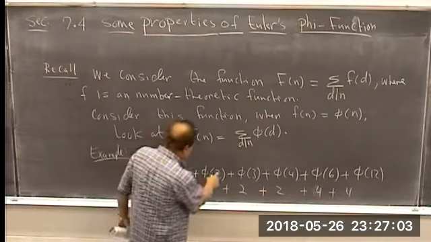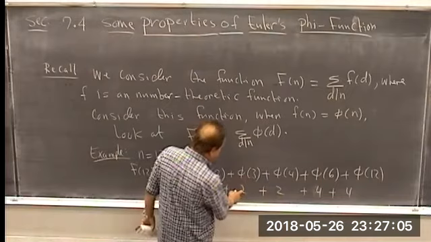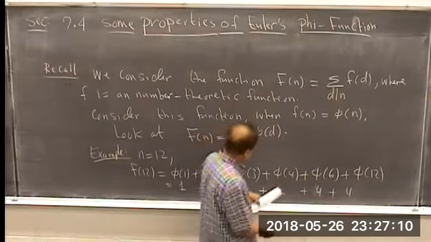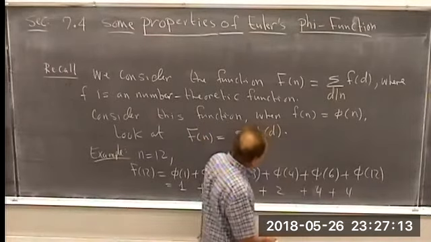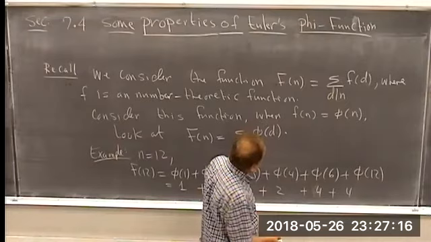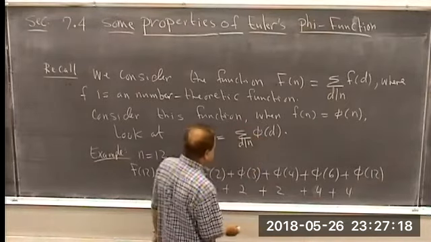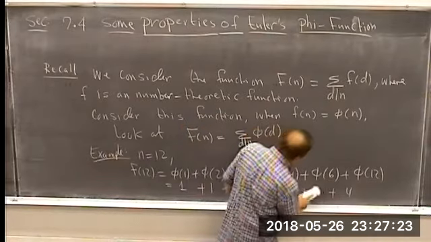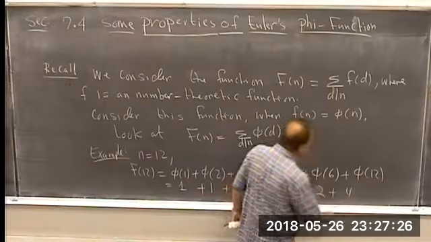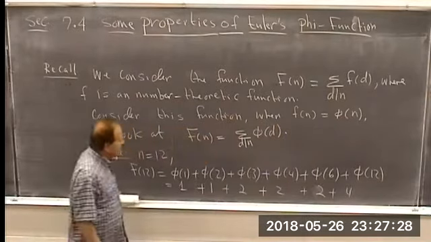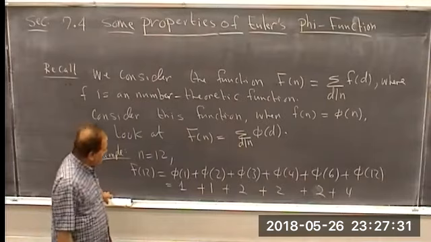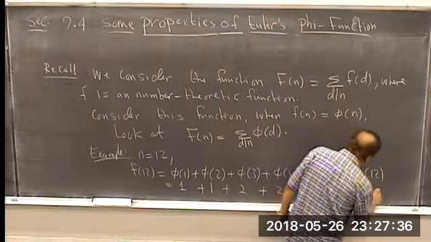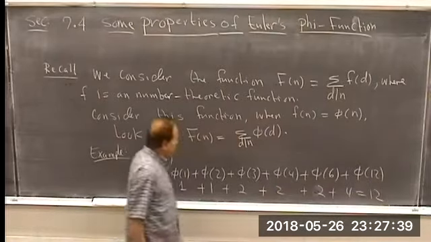So phi of 1 is 1, phi of 2 is 1, phi of 3 is 2, phi of 4 is 2, the numbers relatively prime to 4 being 1 and 3. Phi of 6: the numbers relatively prime to 6 are only 1 and 5, so this is 2. And phi of 12 was actually correct, it is 4. All right, so when we add these up, we get 1, 2, 4, 6, and 12 is equal to 12. So the same as the number itself.